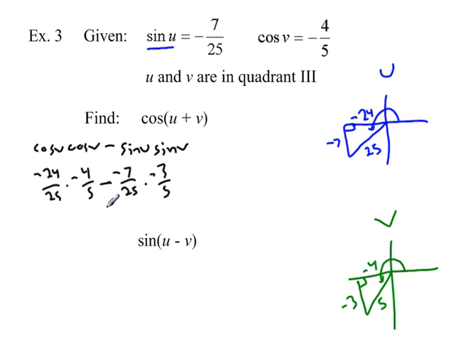If we multiply top times the top and bottom times the bottom, we get 96 over 125 minus 21 over 125, which is 75 over 125, which simplifies to 3/5. So if we add these two angles together, we'll get a new angle somewhere. The cosine of that new angle will be 3/5.